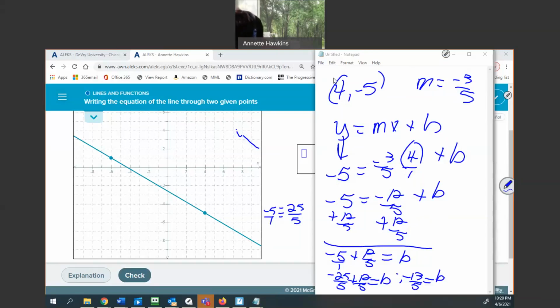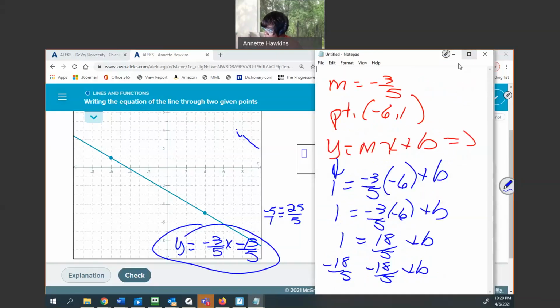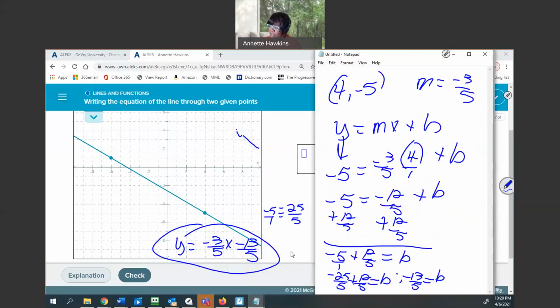And so we have y equals -3/5 x minus 13/5, which is what we got the last time. Okay, so it doesn't matter which point you use.